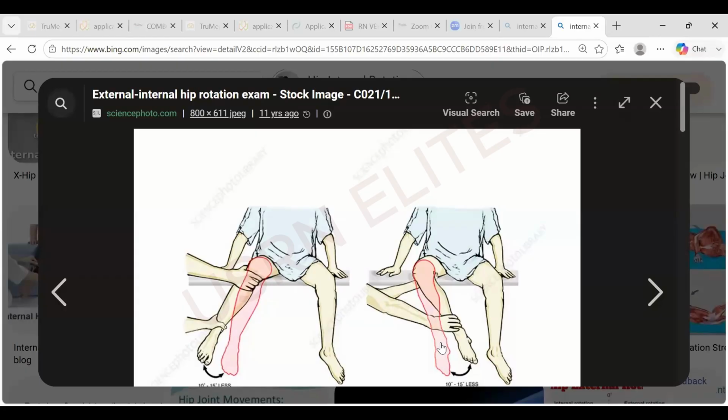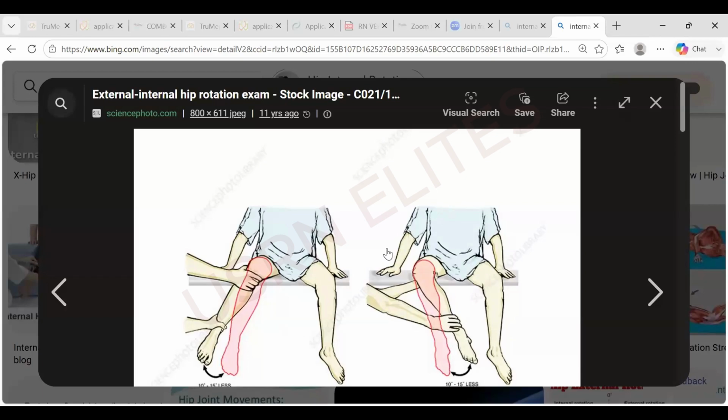And if we move the leg internally, so once we have internal rotation, we are going to have what? Posterior dislocation, meaning that the joint is going to move out of the socket and point towards the back. That is the posterior, meaning that it's going back.